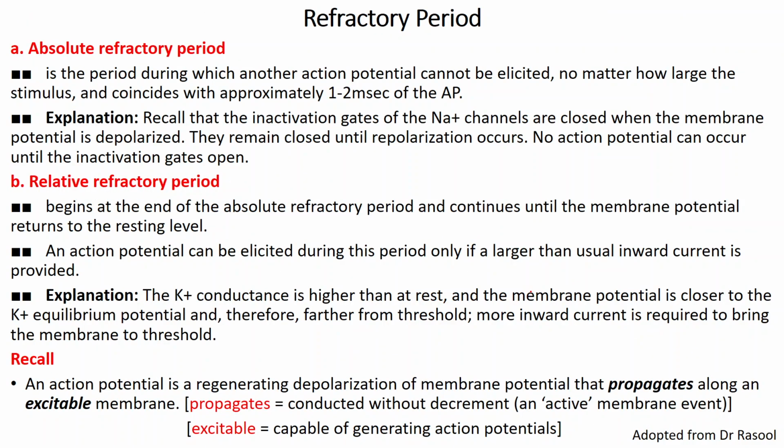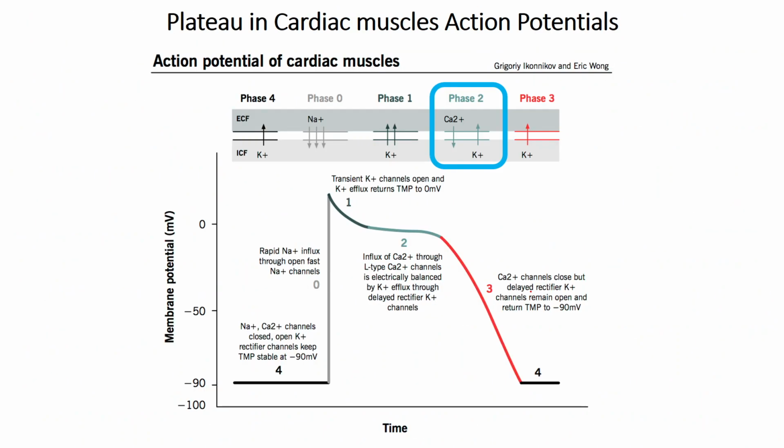Okay, good. This is just explaining what I said. What we described is the typical action potential in neurons. Other excitable cells like cardiac muscles have a similar type of action potential, but what you need to know here is that different ion channels are in action in the cardiac muscle cells. As you can see here, the depolarization, or the upstroke, of the action potential is similarly the result of the rapid influx of sodium.